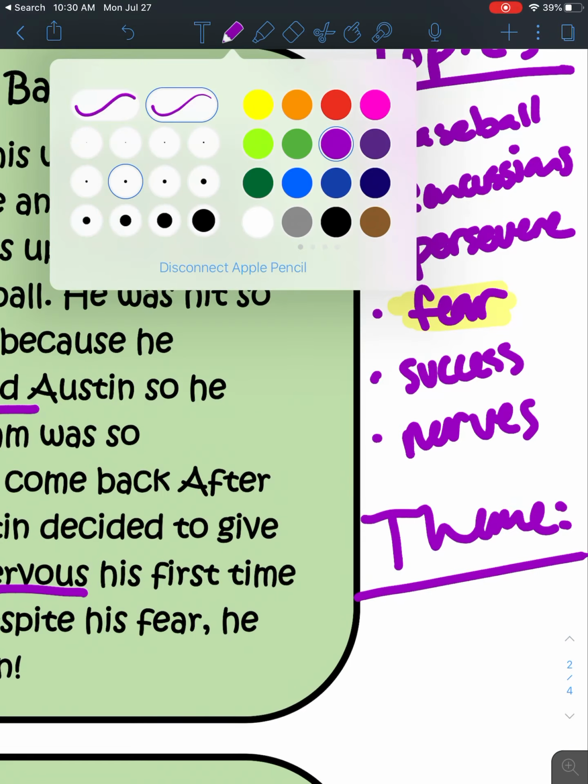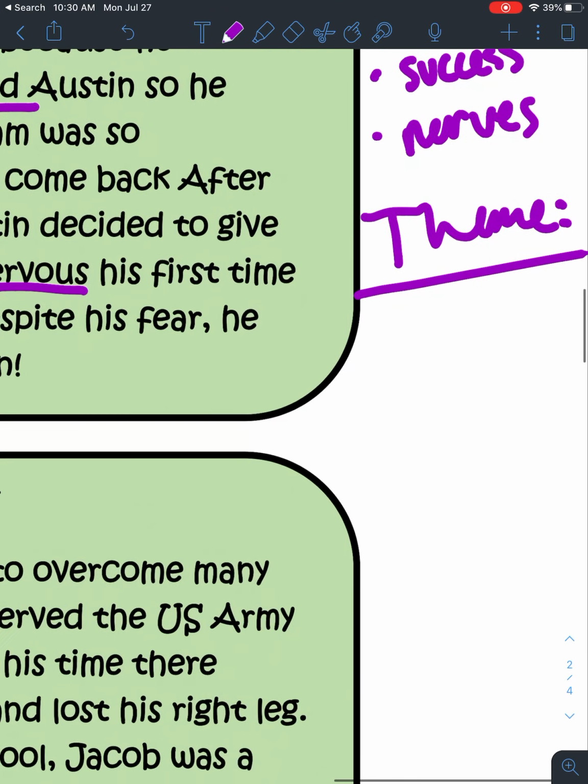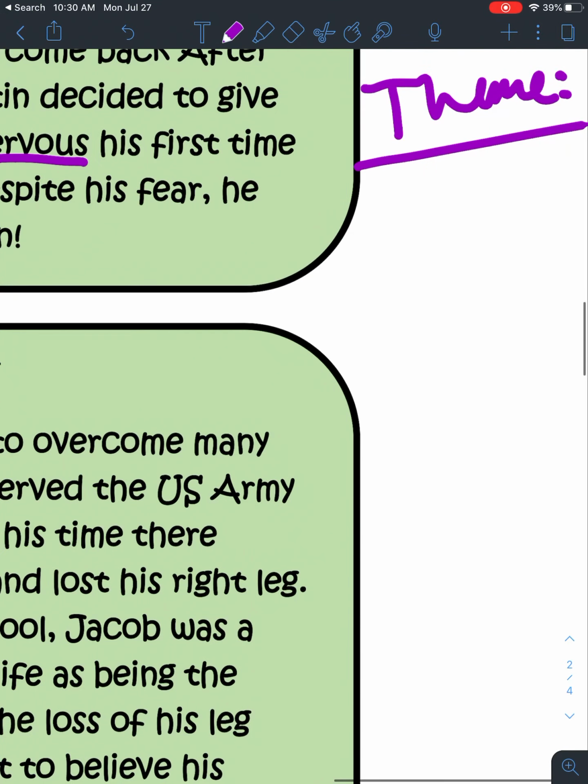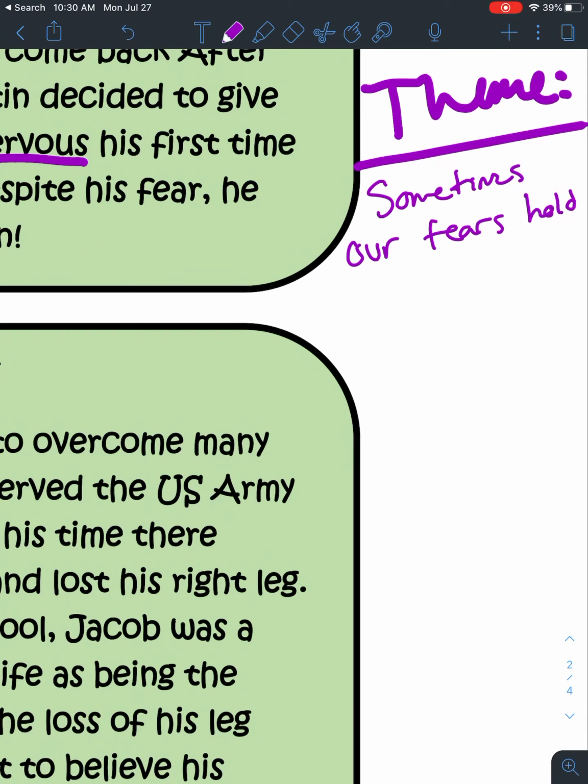So now for my theme, I'm going to write out just one sentence, something that is true about this story and something that this story reveals to us about real life. Sometimes our fears hold us back more than what we are afraid of.